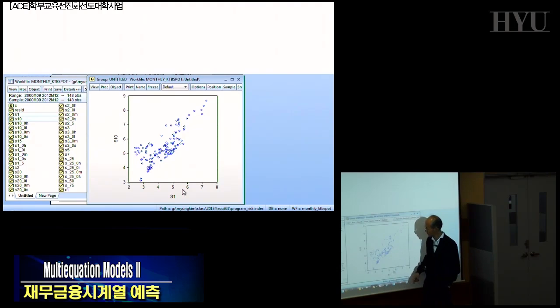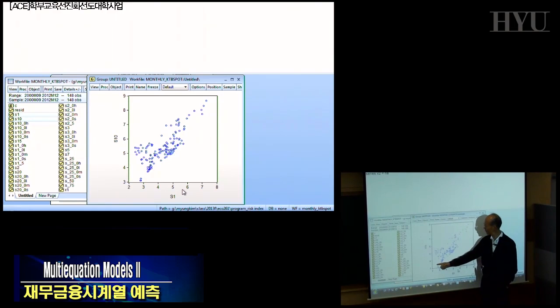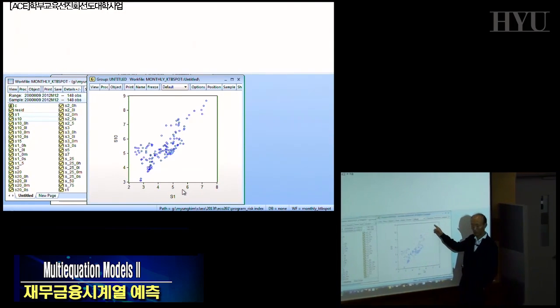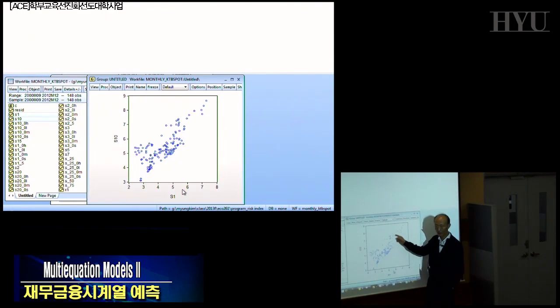Separately. And S10 varies within this range, right? S1 varies within this range, right? But when you look at this, most of the points are located along this line, right? Along this line. So these are our R1, let's say R2, and the linear combination is this, psi1.